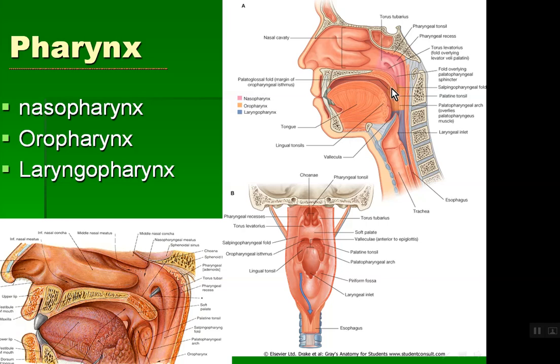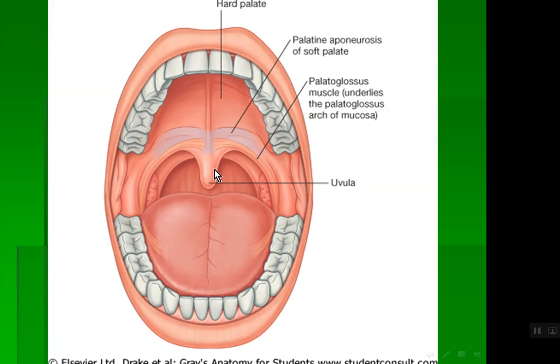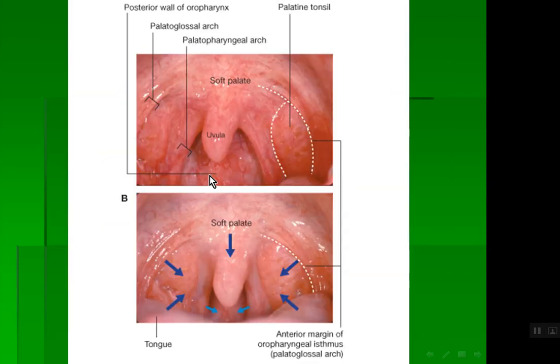And after that, in the oral portion or oropharynx, we can see the termination of the soft palate, and in the middle part of the soft palate, we can see the uvula here, which is the end of the soft palate.